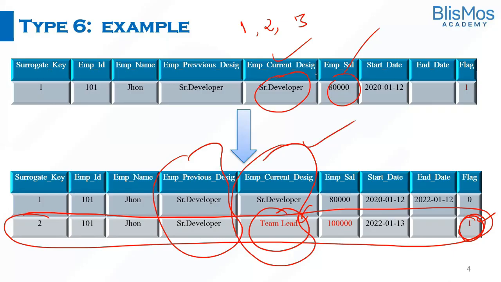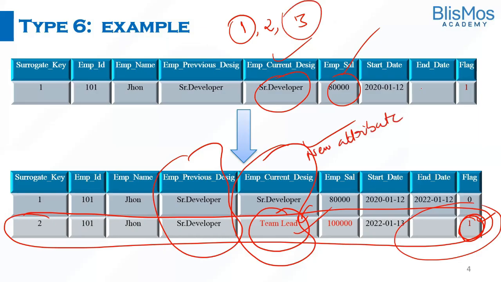That is how the type 3 SCD works, right? We add a new attribute to track the changes. By using type 1, we are replacing. By using type 2, we are having a flag and row versioning. And by using type 3, we are adding a new attribute. Since we are using all three of them together, we call it a hybrid SCD.